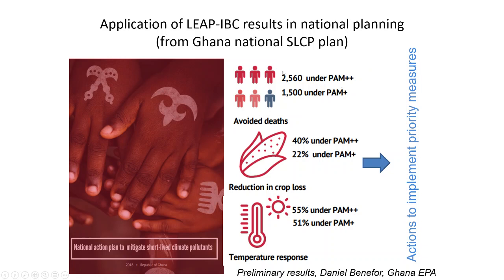Full implementation of this plan would avoid 2,500 premature deaths per year in 2040. It would also avoid crop loss because ozone, another air pollutant, is damaging crops. It would reduce that. And it would reduce Ghana's contribution to global temperature change by 55%. And they are now identifying the actions needed to implement these priority measures.